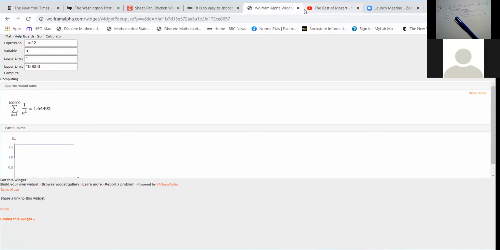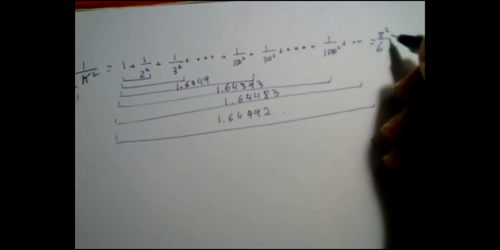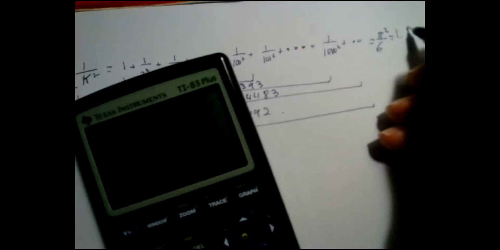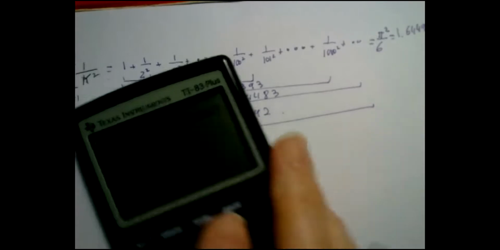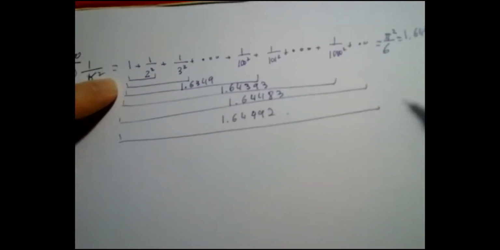But really, what's the point? What does this mean? If I take pi squared over 6 and compute this number on my calculator, it is 1.64493, etc.